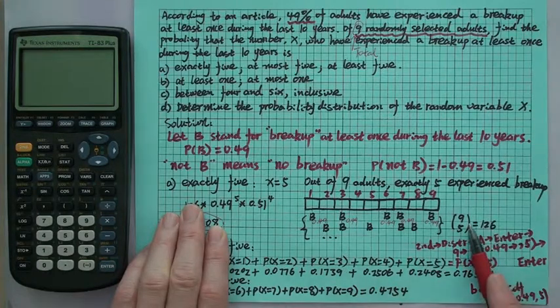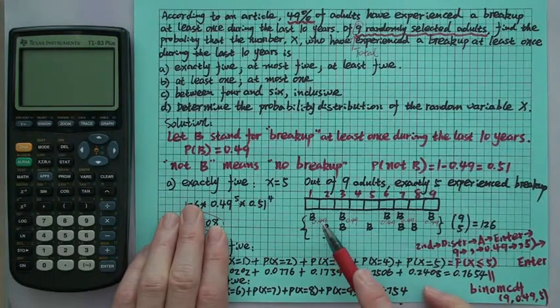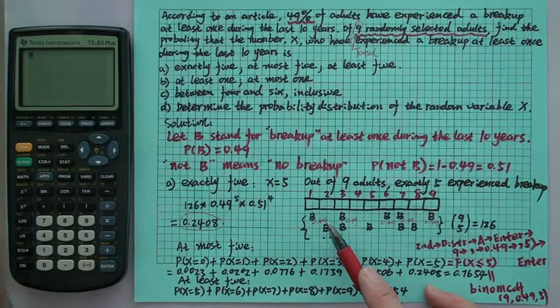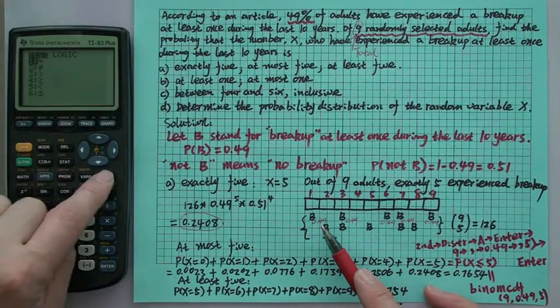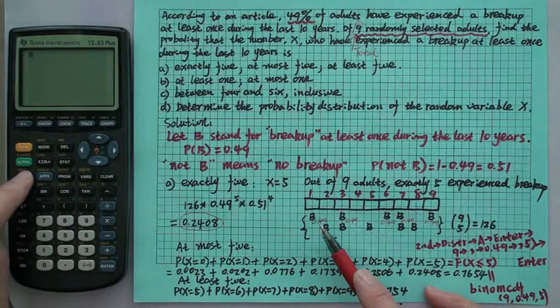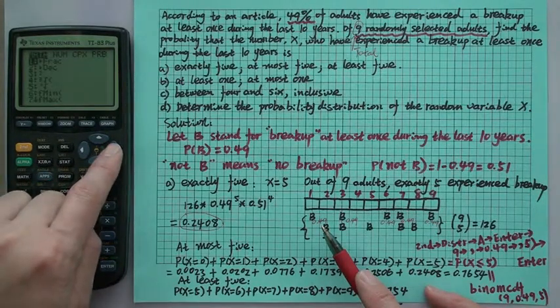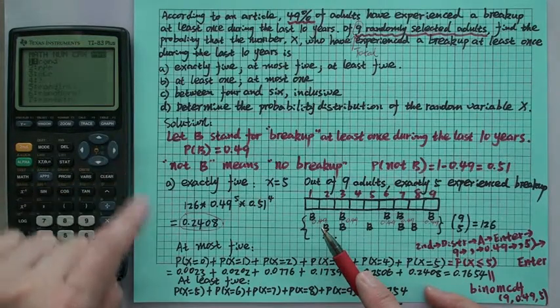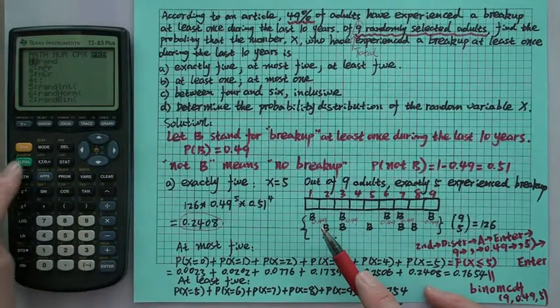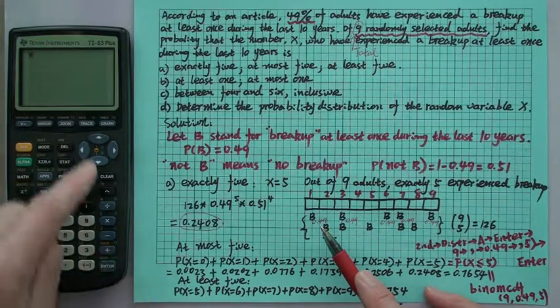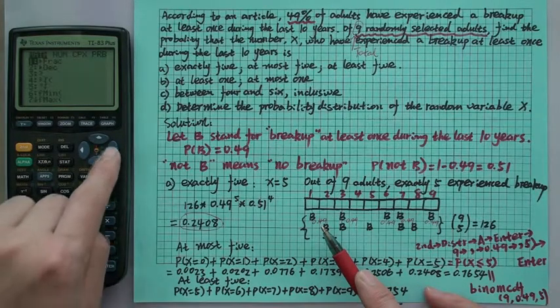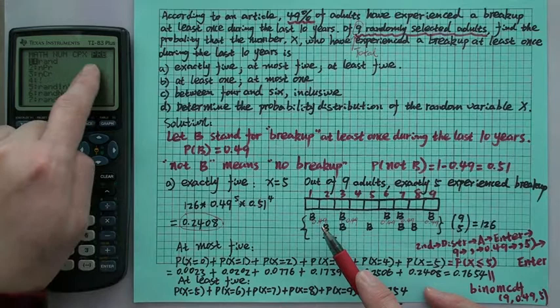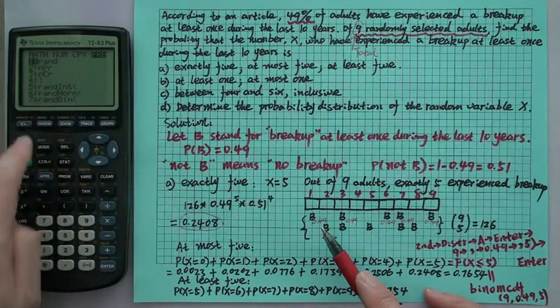How do you do 9 choose 5? You see, the calculator is right here. You press math, no second, then highlight PRB, and then number 3.